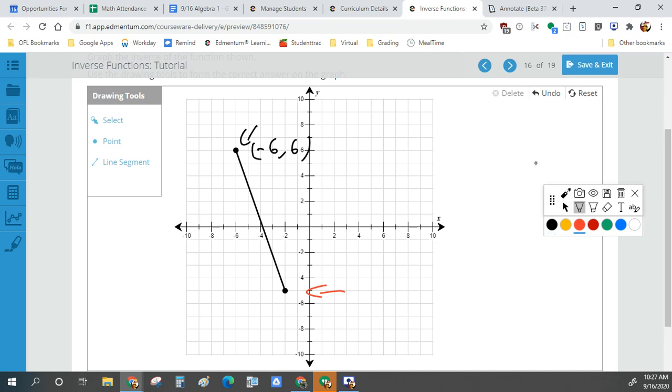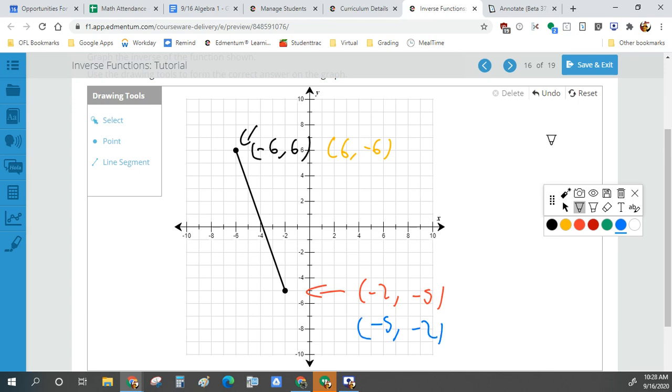And this other point, the one I did in orange, is negative 2, comma negative 5. Well, if I want to graph the inverse, my inverse for this one would be 6, comma negative 6. And my inverse for this one would be negative 5, comma negative 2.